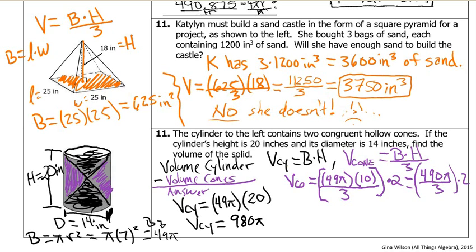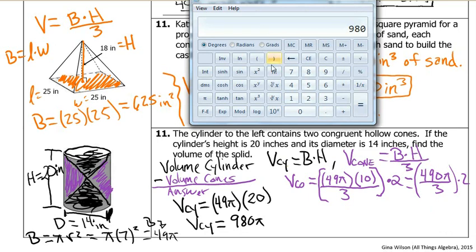So 490 divided by 3 equals 163.33. Now, I don't normally do this, but I'm going to multiply it by 2 now. That's going to be the number we're looking for.